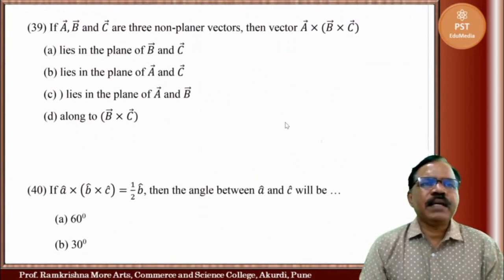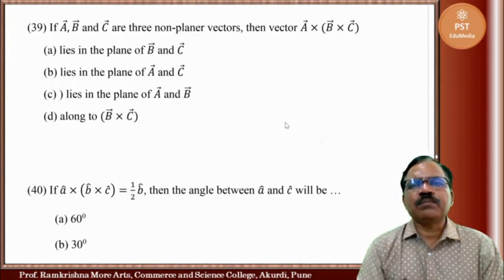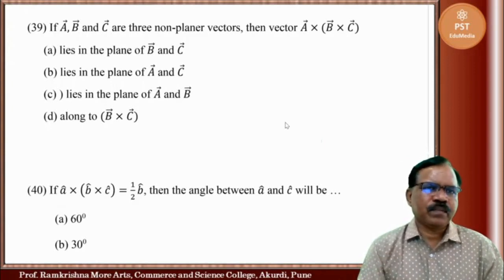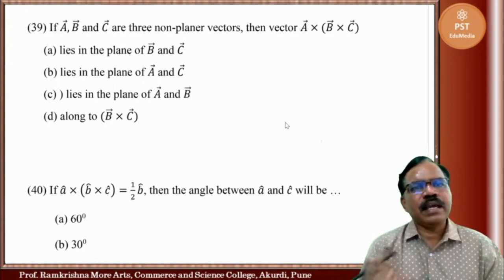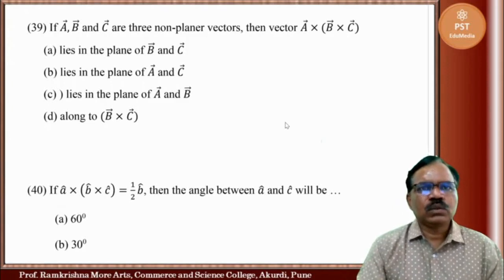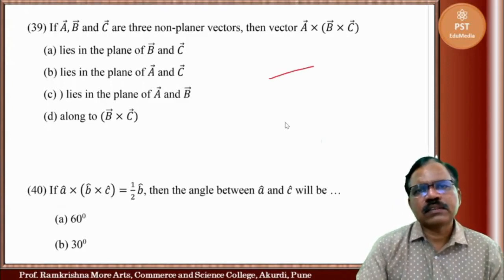Next one. If a, b and c are three non-planar vectors, then the vector a cross b cross c lies in the plane of b and c, lies in the plane of a and c, lies in the plane of a and b, or is along b cross c. So here, suppose we have three vectors: vector b, vector c, and vector a.